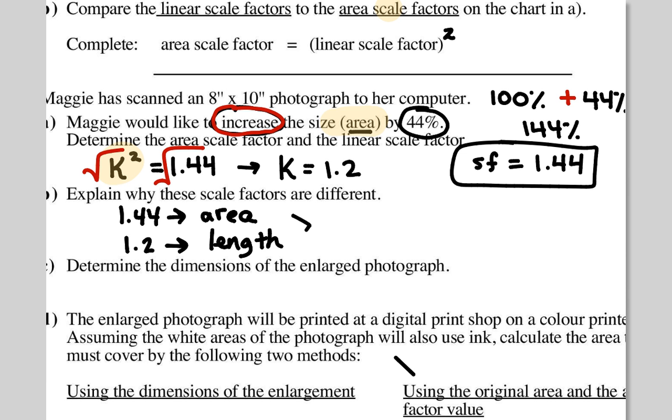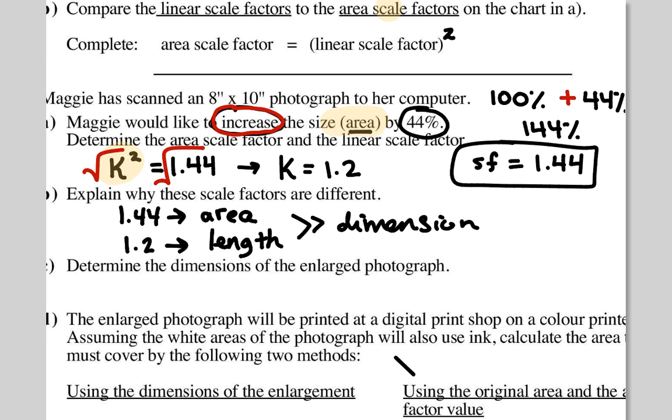So it has to do with dimension. One is two-dimensional and the other is one-dimensional. So to determine the dimensions of the enlarged photograph, you have options.